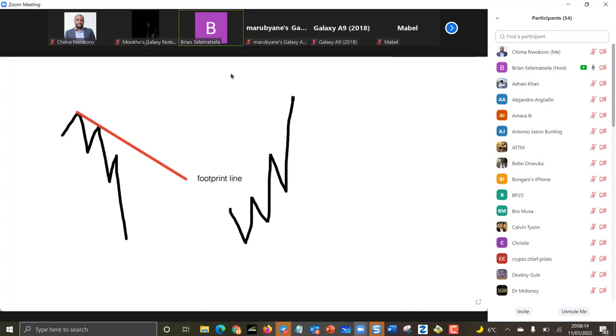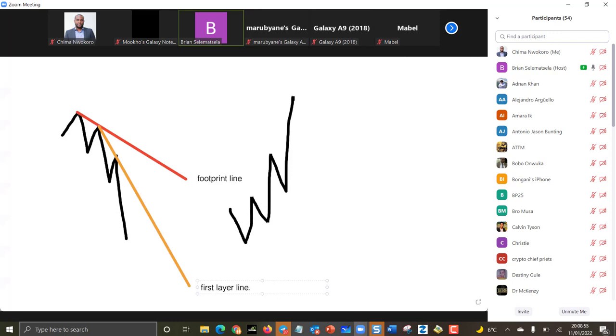And the second line that I'm about to draw, which is the most important line, I'm going to use a different color. This line is called the first layer line.